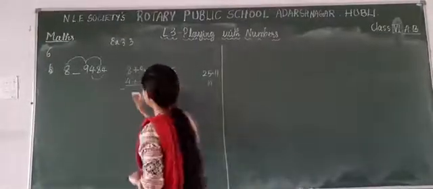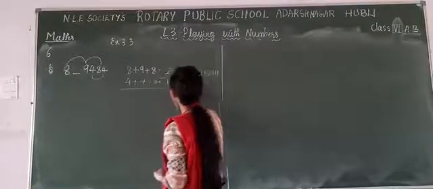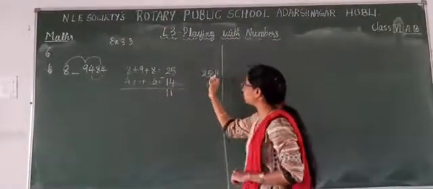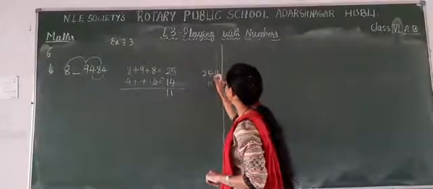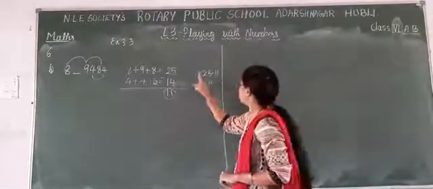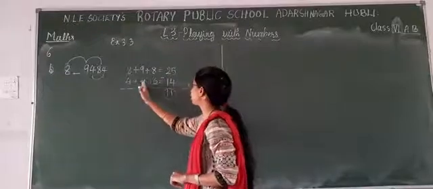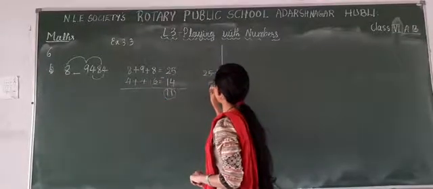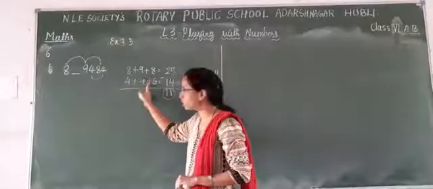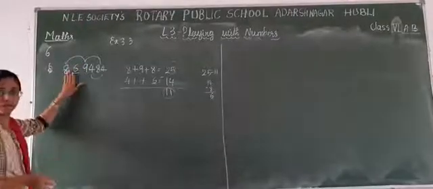If I write 6 here, then the digit sum is 14, and the difference between the digit sums will be 11. 25 minus 14 is 11. Here 4 plus 4 is 8, and 14 minus 8 is 6. So you are going to write 6 over here. If you write 6 over here, then this number will be divisible by 11.